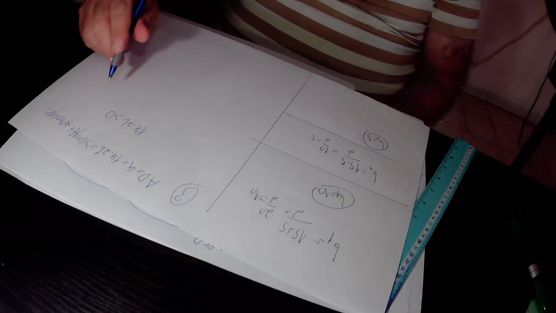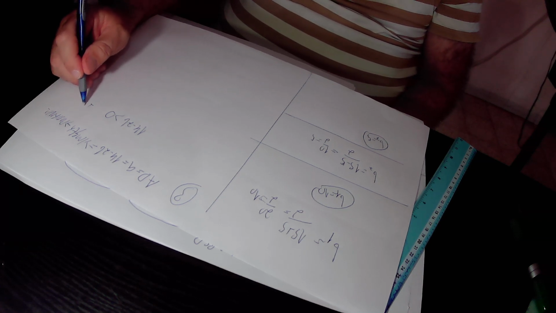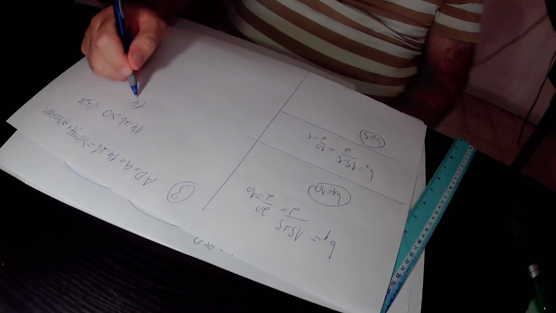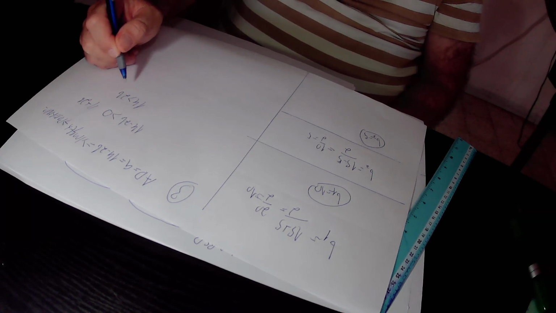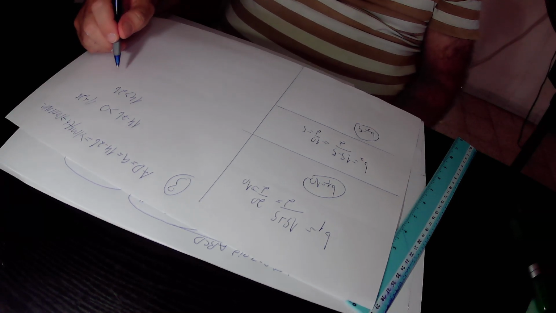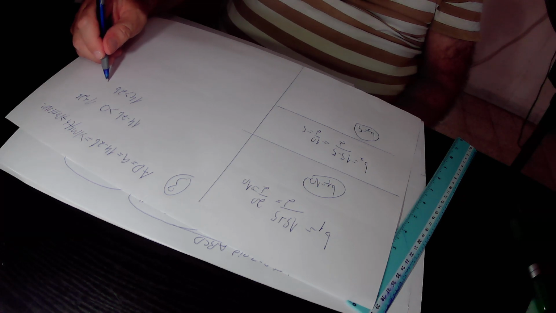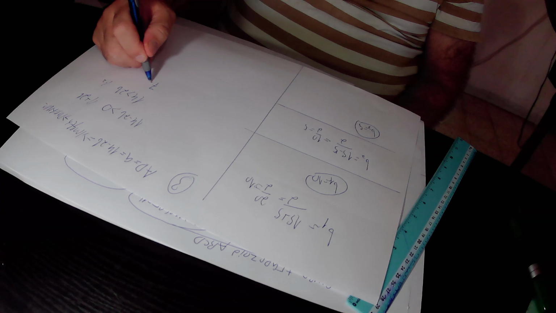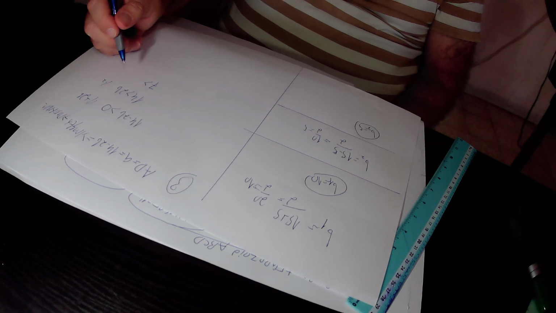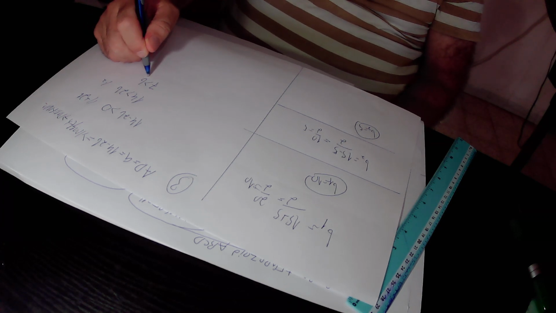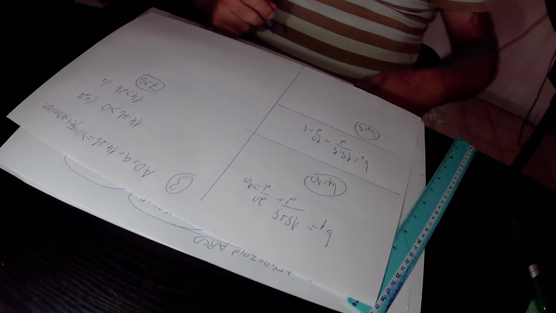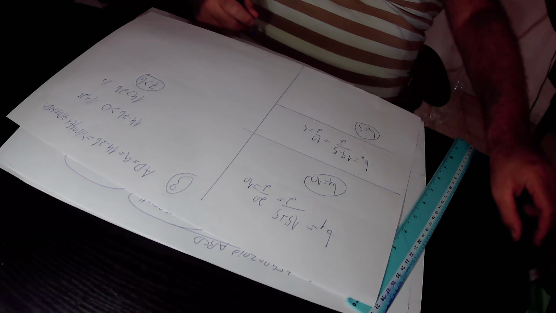We add 2b to this inequality, and we get that 14 is greater than 2b. Here we divide this inequality by 2, and we get that 14 over 2 is 7, greater than 2b over 2, which is b. So b must be less than 7 units.